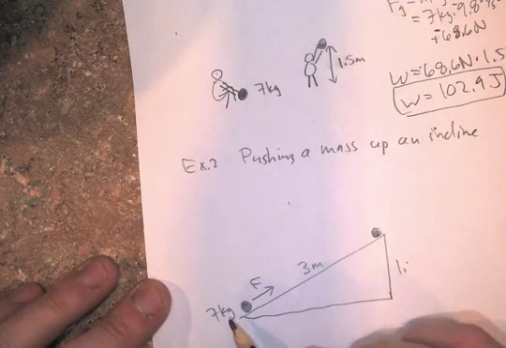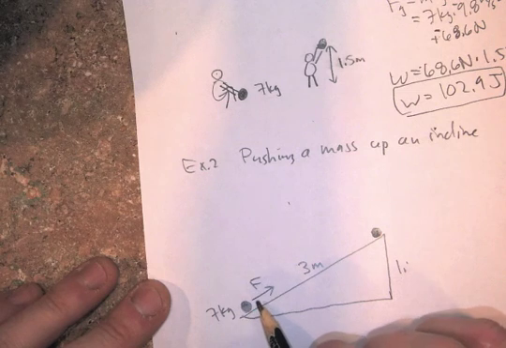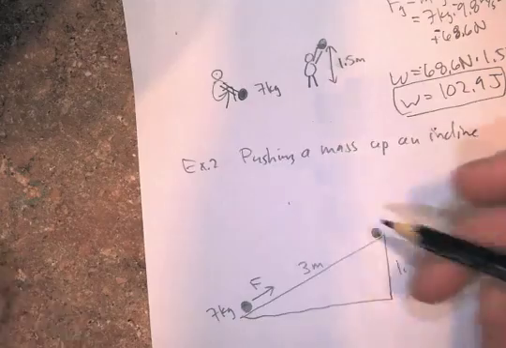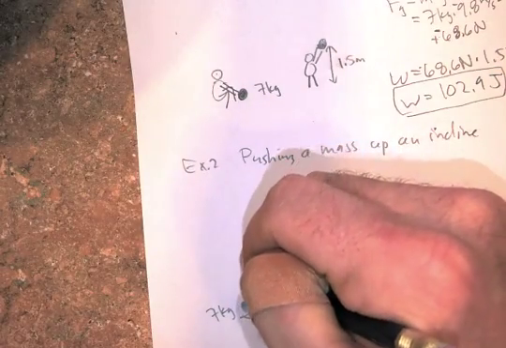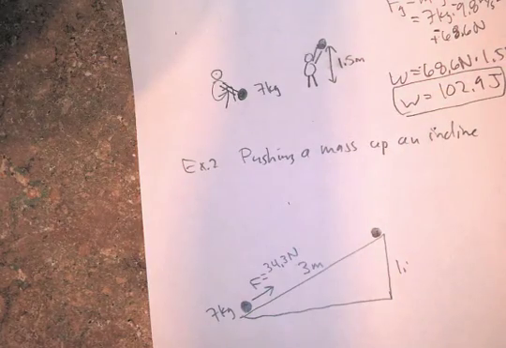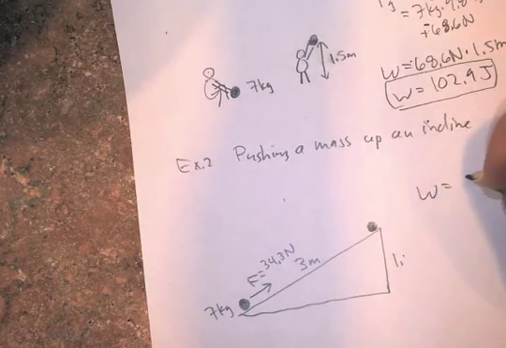Okay. Now we could figure out the gravity force, but if you remember from inclines, the force to push it up a ramp is actually going to be less than the gravity force. In this case, I calculated it out already. It's going to just be 34.3 newtons. Okay, so you're pushing it up this incline and getting it to there. So pretty easy, right?